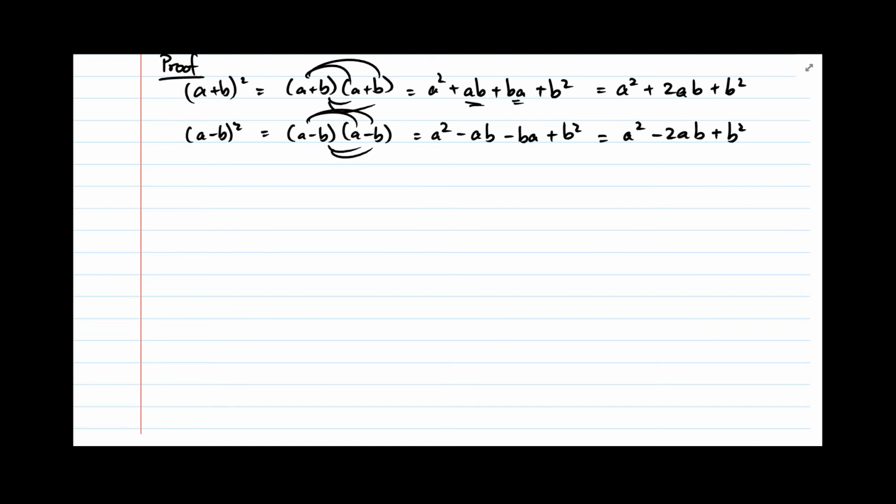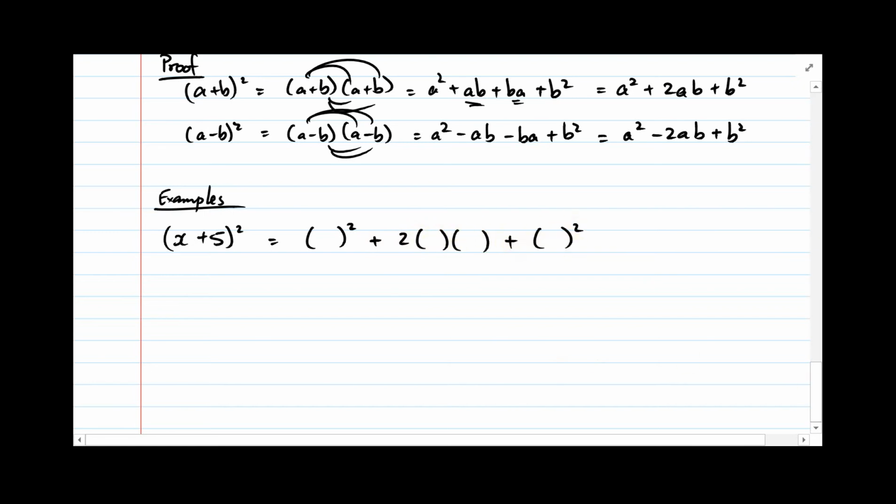Alright, suppose we start off with, say, x plus 5 all squared. First term squared, you'll see I'm starting out the pattern. I know I have a square, it's a sum, so everybody will have a plus sign.